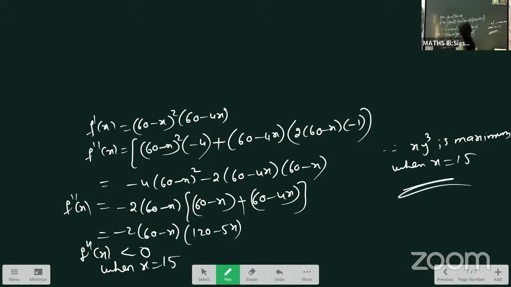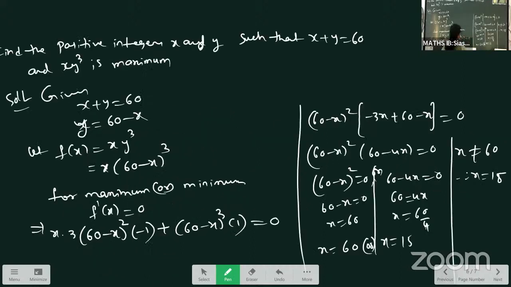So like this, we have to show this. Just go through the question. The equation is given. In that, writing y is equal to 60 minus x, then substitute the y value in the given. So x is equal to 15.